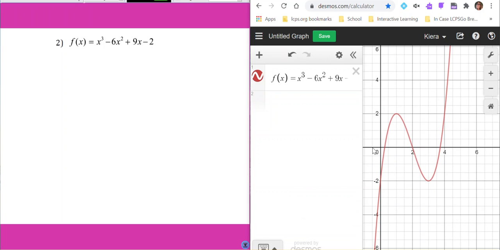All right, so here I see that I have 3 real roots because it crosses 3 times. That one's a decimal, that one's a whole number, that one's another decimal. The decimal ones aren't going to help us out. The whole number is what we want. So we're going to use 2.